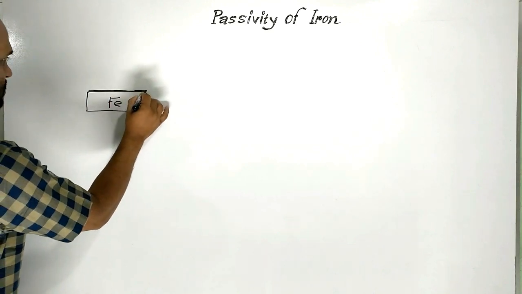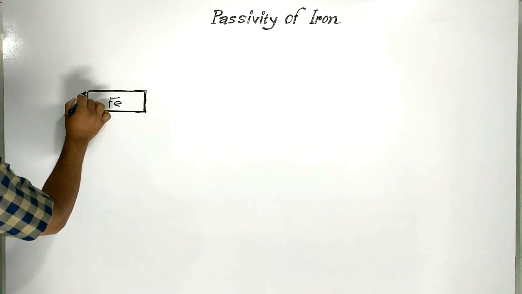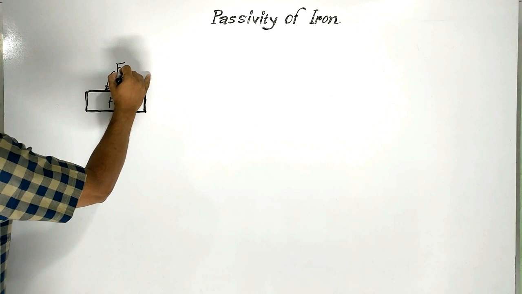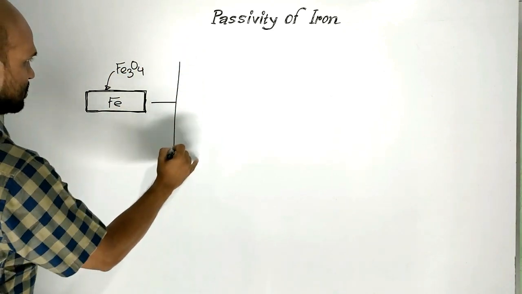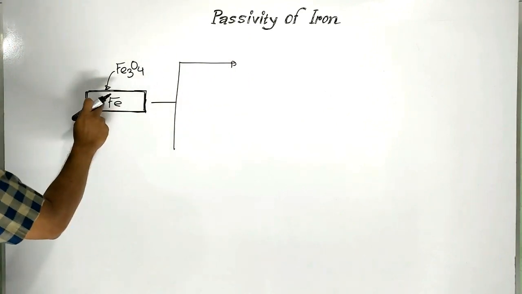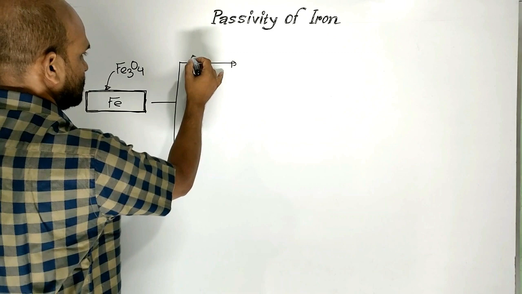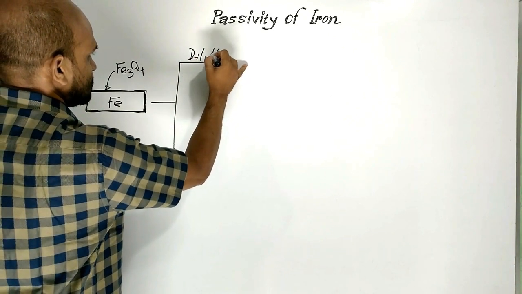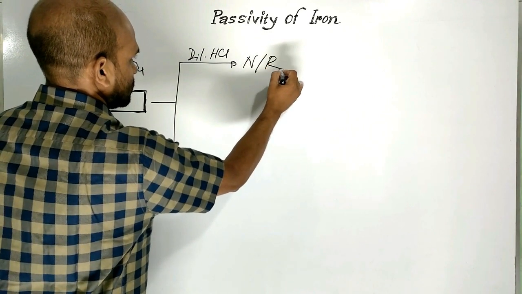Over this, a thin layer of iron oxide, that is ferrosulfuric oxide. When iron is coated with ferrosulfuric oxide, then it doesn't react with dilute nitric acid. That is no reaction.